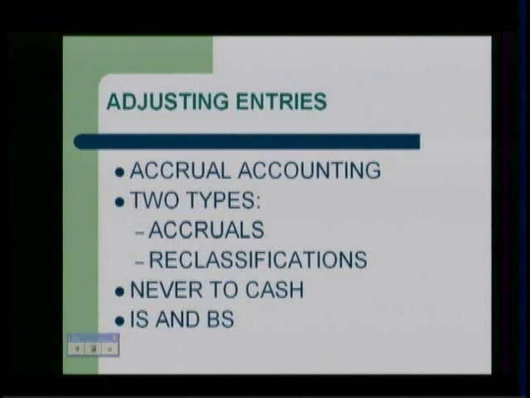For example, if we had, as in that previous problem, been mowing yards and had not put that revenue on our books, we would have to record that revenue as a debit to accounts receivable and a credit to revenue. So we're bringing on expenses that aren't anywhere in our books, or revenues that aren't anywhere in our books. Those are called accrual adjusting entries.